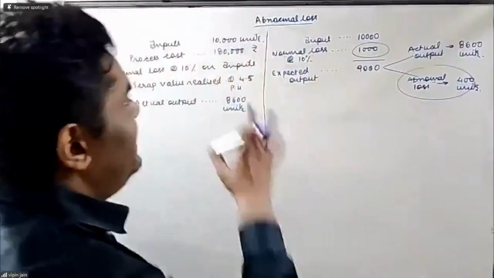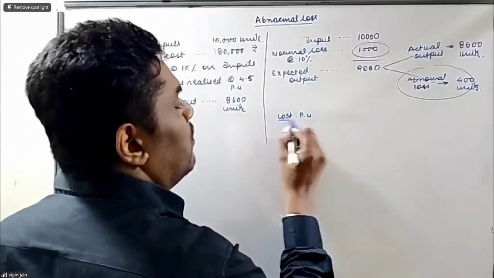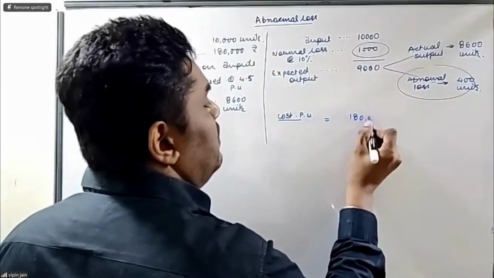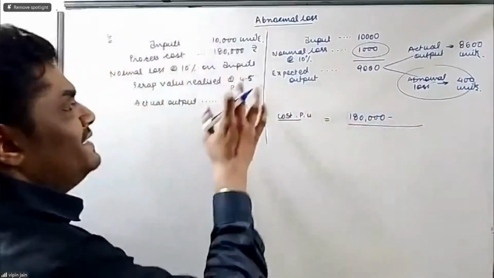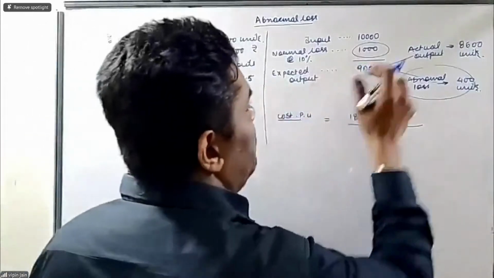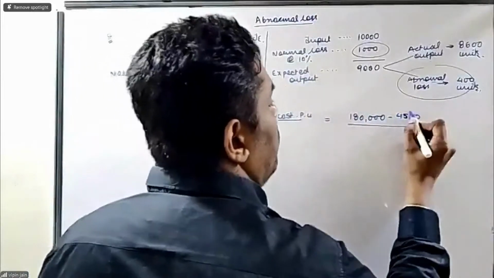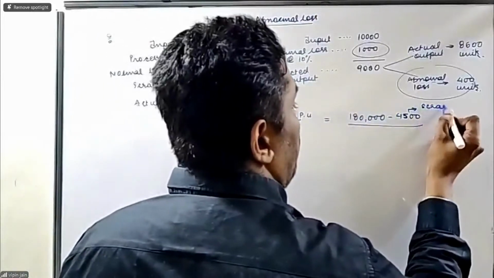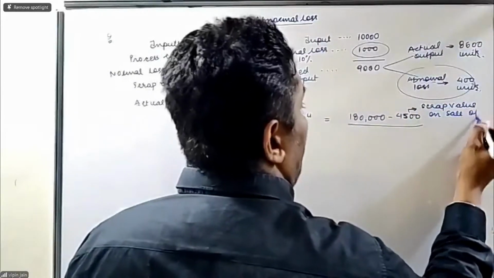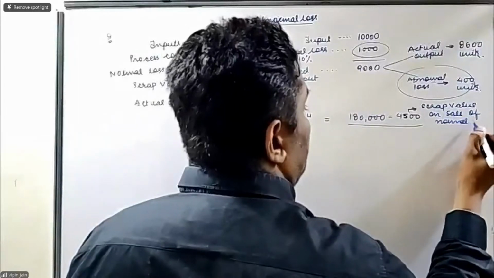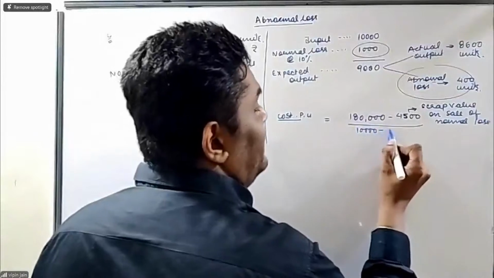Now, very simple, guys. How much is my process cost? 1,80,000. We are realizing a scrap value of 4.5 per unit on sale of 1,000 units. So 4,500. This is the scrap value on sale of normal loss, divided by my 10,000 units minus 1,000 units.